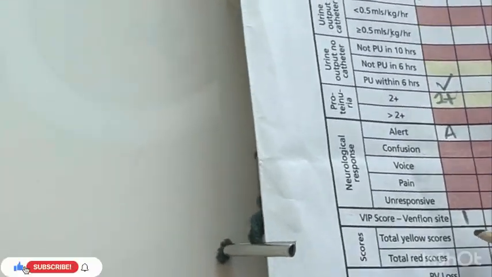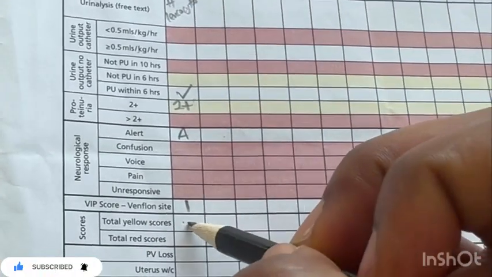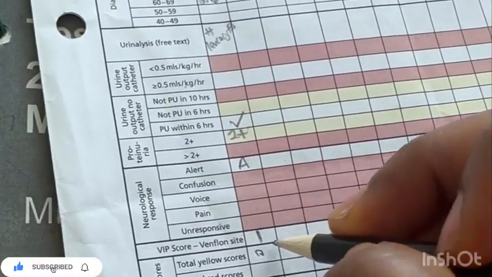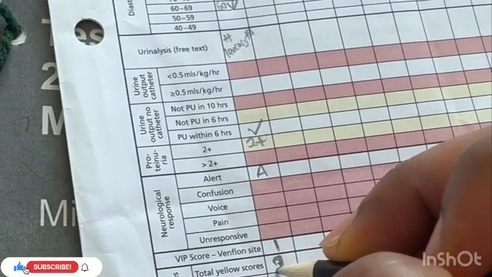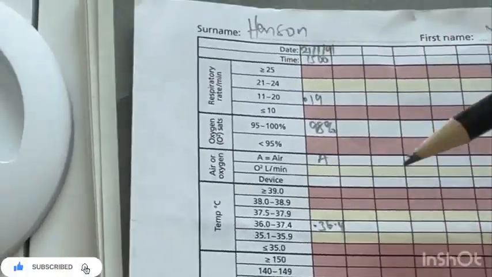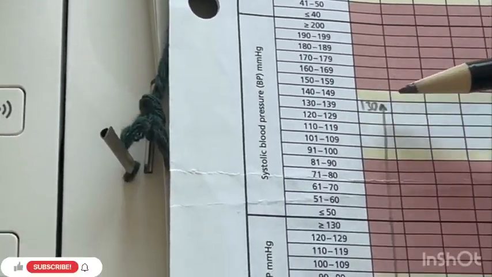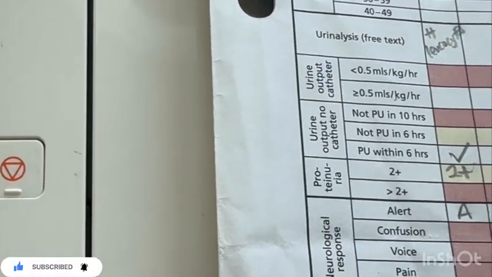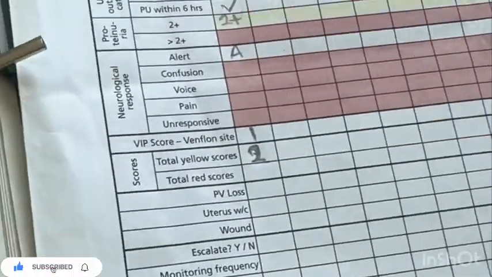So we have 2 yellow scores. Okay, so we'll put it there. Then you go back up again to count if you got any red scores. So we count through reading. So far, I've not seen any red. So there is no red score.